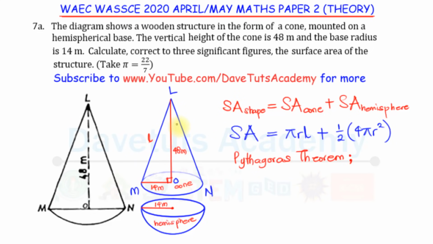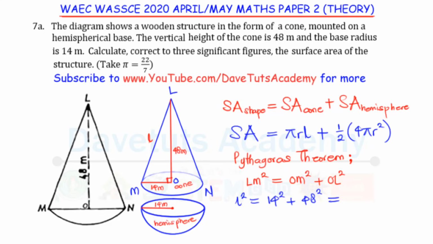We get that by saying that the square of the hypotenuse, LM squared, is equal to the sum of the squares of the base and the vertical height, which correspond to the adjacent and the opposite if we take the angle here or here. So that will be OM raised to power 2 plus OL raised to power 2. LM is L, so L squared is equal to OM, which is 14, raised to power 2, plus OL, that is 48, raised to power 2.